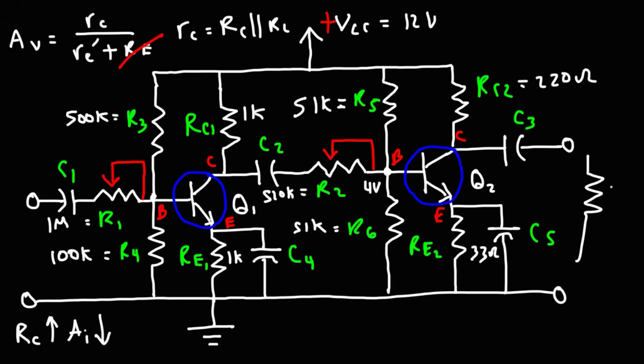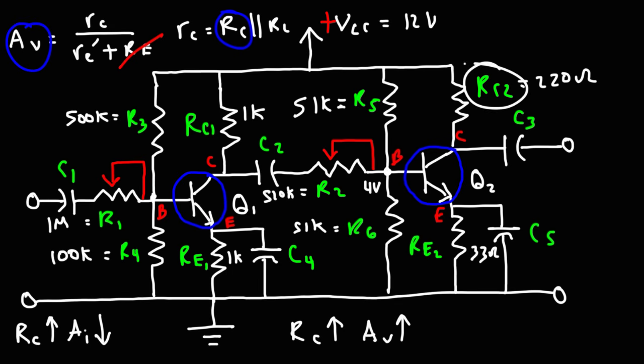The load resistance is going to be the resistance of the output circuit. So hopefully that's very high. But nevertheless, RC is directly related to AV. So if you increase RC, you can increase the voltage gain of the circuit. So a high RC value leads to a high voltage gain but a low current gain. And so there's a trade-off here.